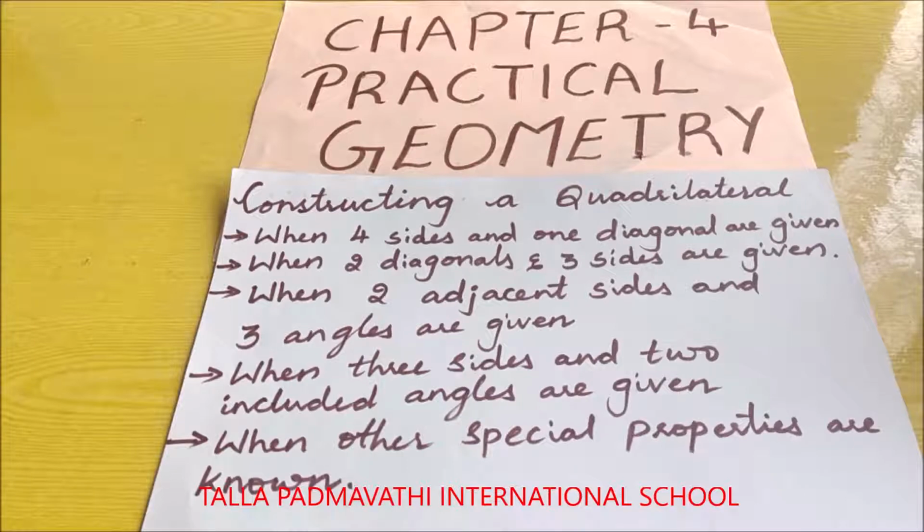And the fourth one is when 3 sides and 2 included angles are given. And the fifth one is when other special properties are known. So in all these 5 cases, we can draw a quadrilateral. So let us see the first one, when 4 sides and 1 diagonal are given.